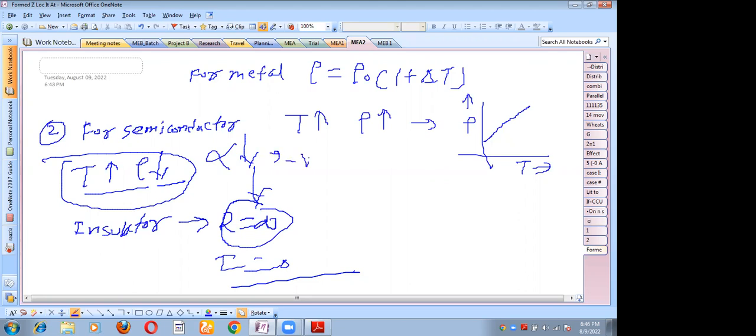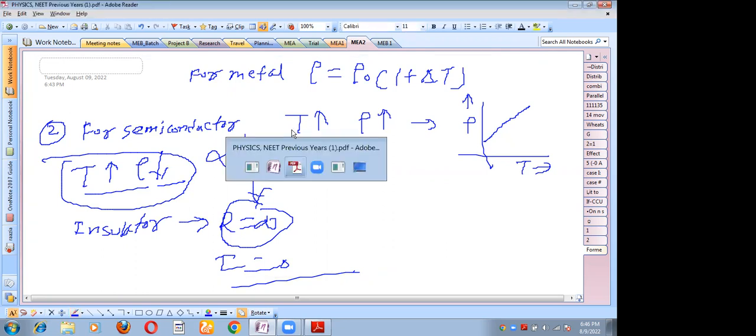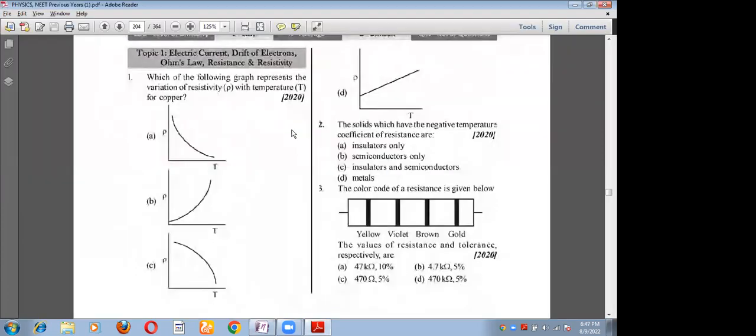Understood my point? What should be the answer?